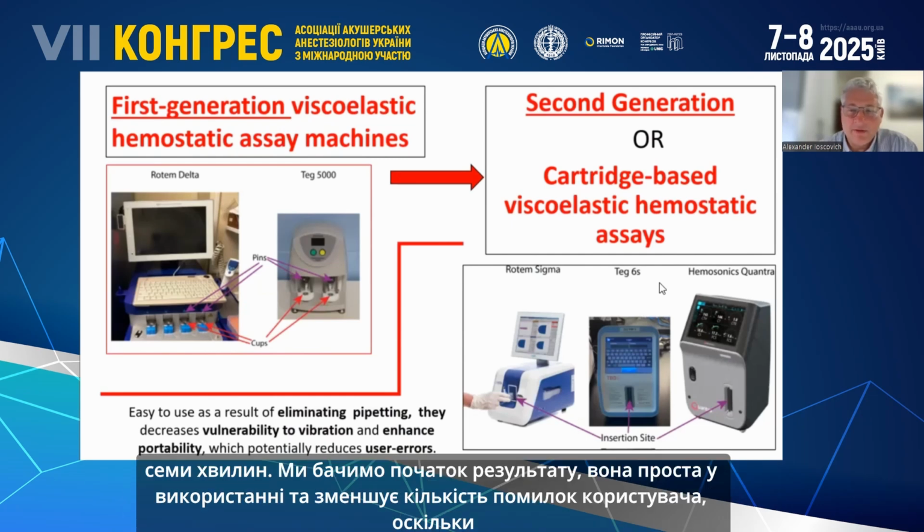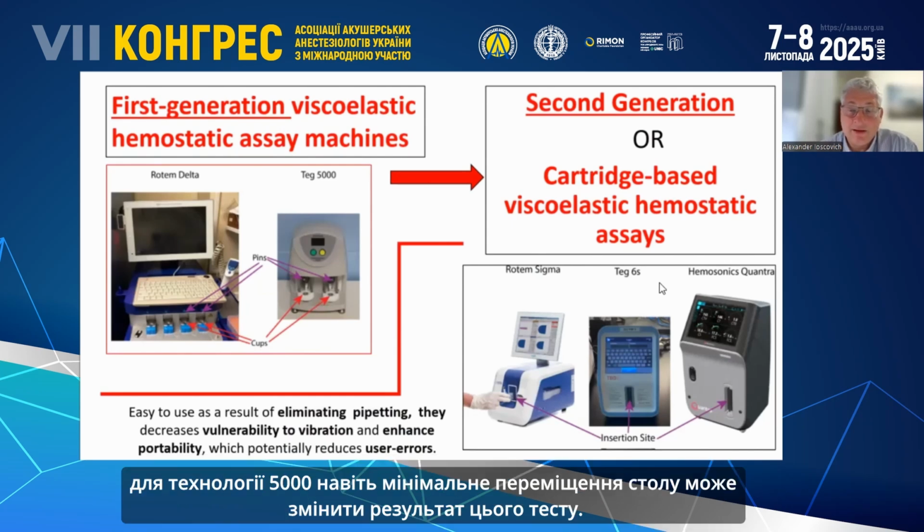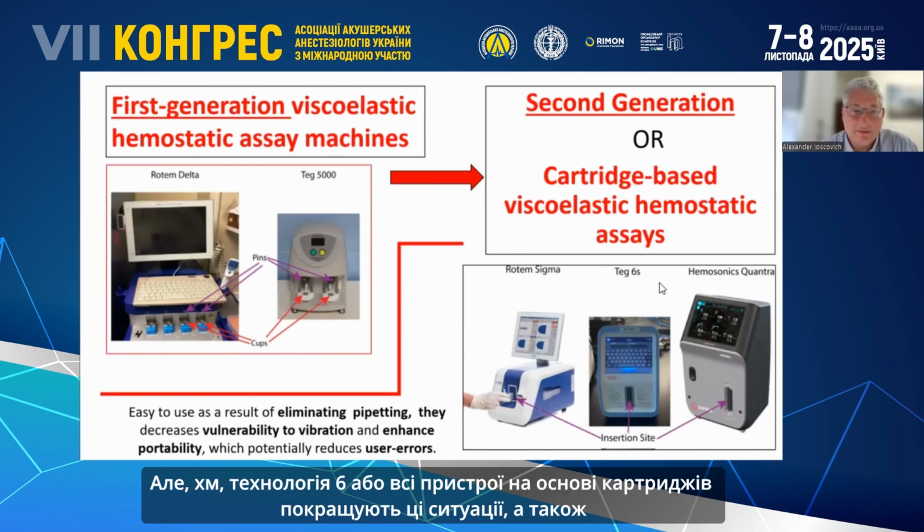Within 5 or 7 minutes, we can see the start of results. They are easy to use with reduced user errors, because for TEG 5000, even minimal moving of the table can change the result of the test, but TEG 6S and all cartridge-based devices improve this situation.